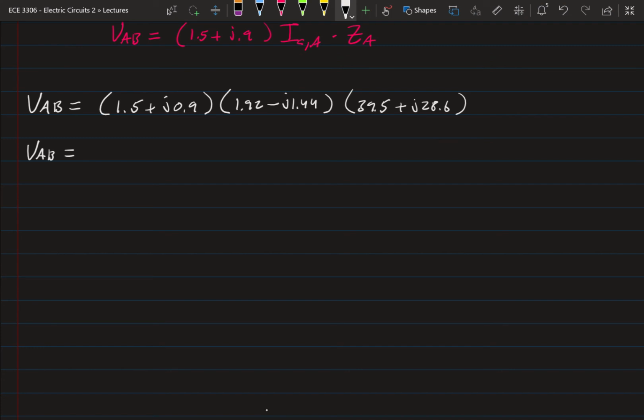And after a fair amount of algebra needed to solve that particular problem, you're going to get that VAB is equal to 177.34 plus j102.33, or as a phasor, 204 at an angle of 30 degrees. It was like 29.89. I just rounded it up to 30 degrees.